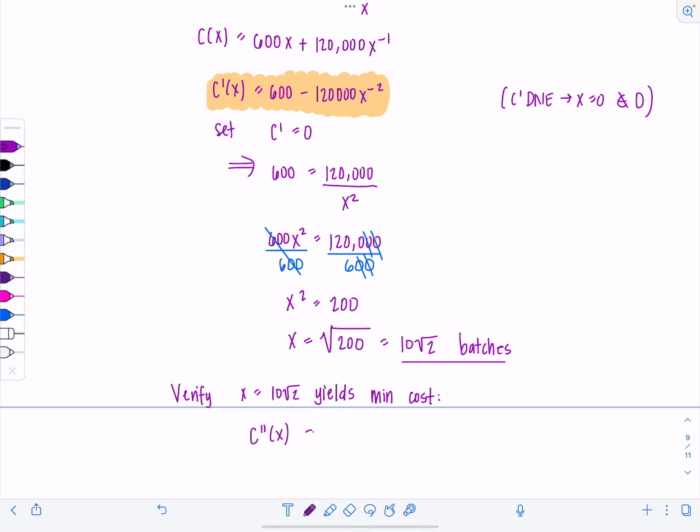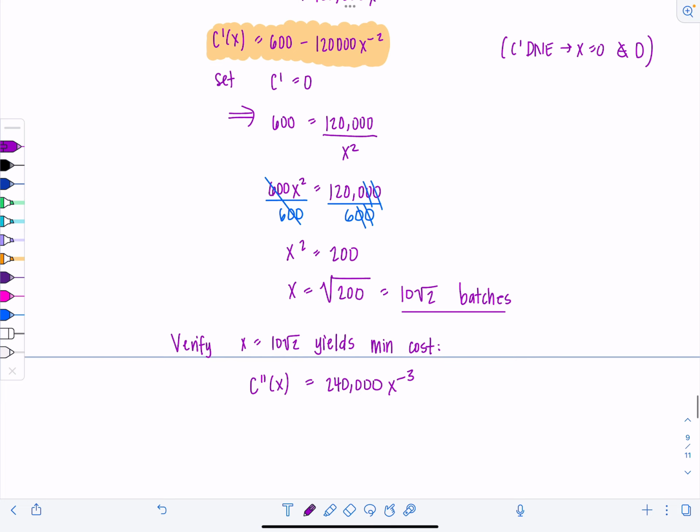That would be positive 240,000 X to the negative third, which I can rewrite as 240,000 over X cubed, right? And I can tell since I'm plugging in something positive for X, then this is going to be positive, which means my cost function is concave up at that critical value. So indeed, it yields a min. We are good to go.